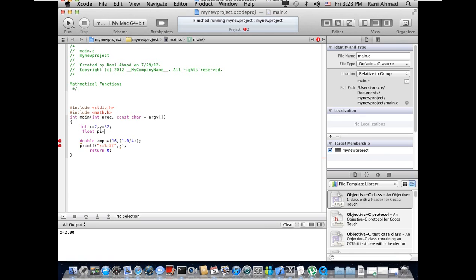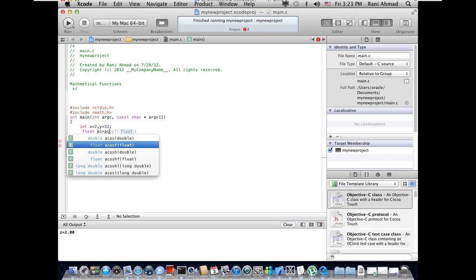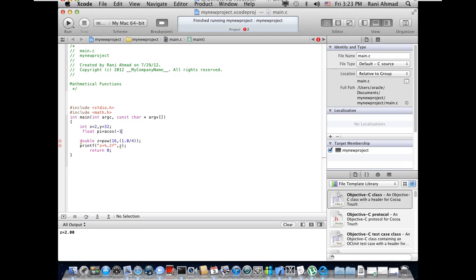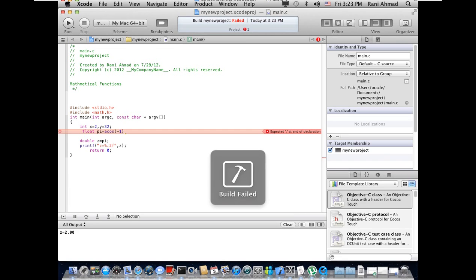So pi, float pi, this is to get the exact number, float pi equals a cosine of -1. Cool.